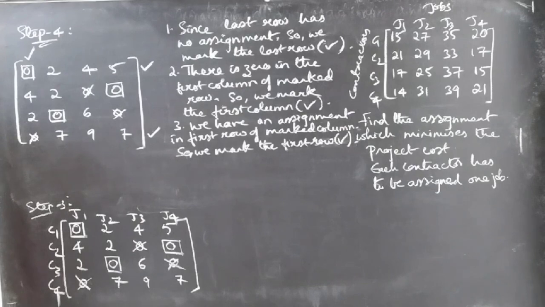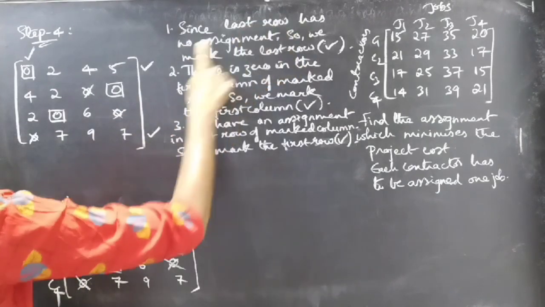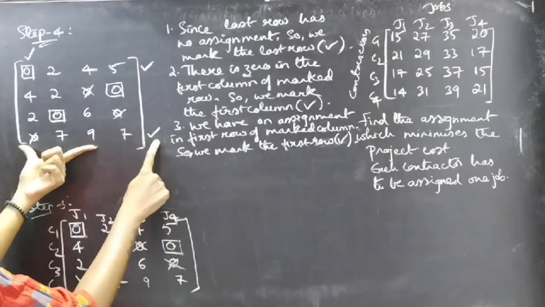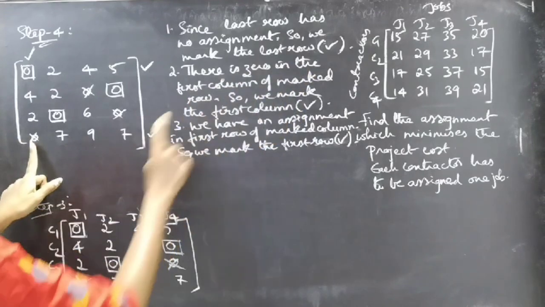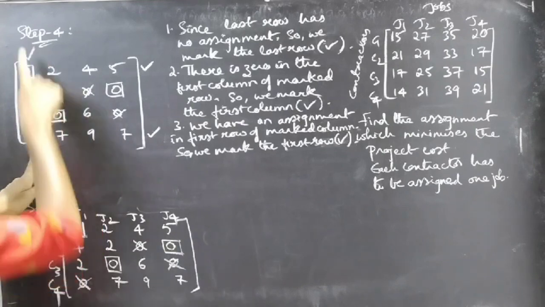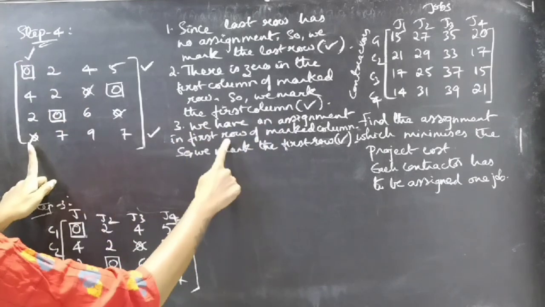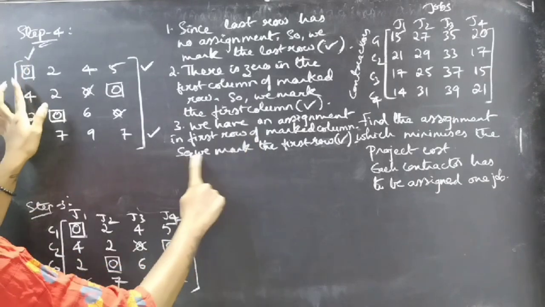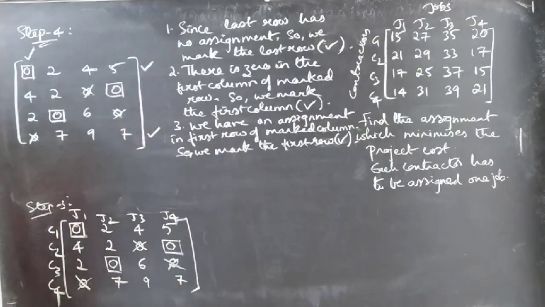Since the last row has no assignment, we mark the last row, and there is a 0 in the first column of the marked row, so we'll mark the first column, and we have an assignment in the first row of the marked column, so we'll mark the first row.